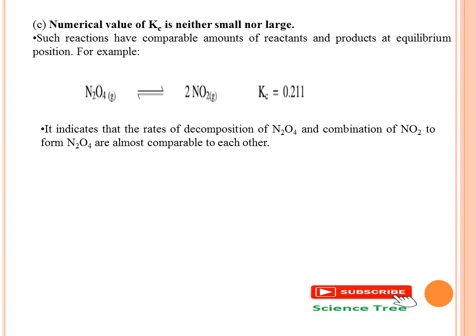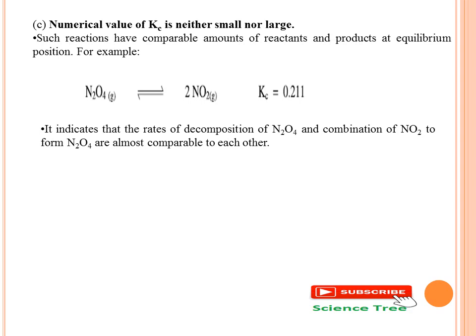If the Kc value is neither small nor large, if it is an intermediate value, such reactions have comparable amounts of reactants and products at the equilibrium position. For example, dinitrogen tetroxide is converting into nitrogen dioxide.